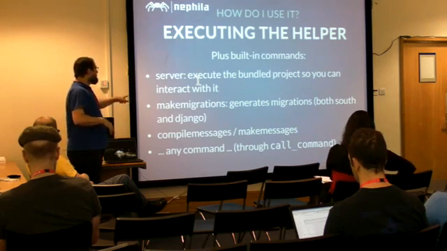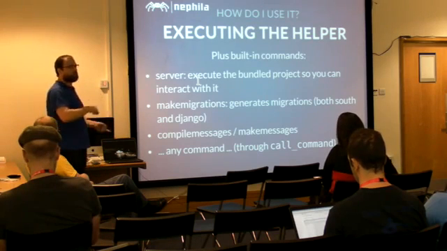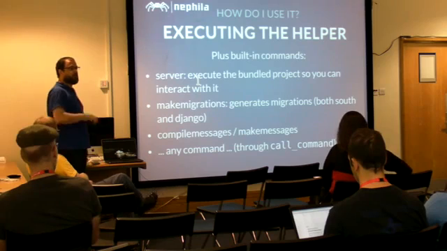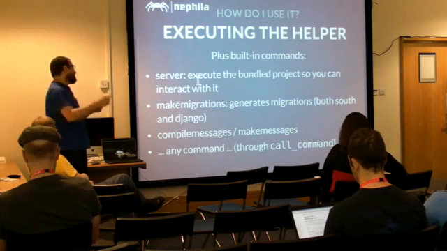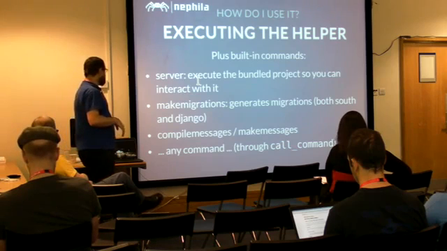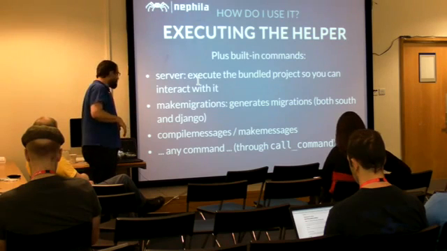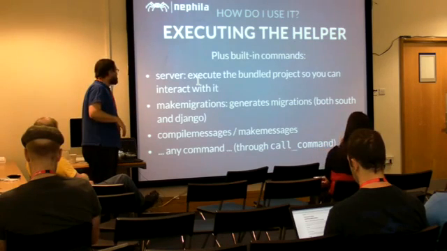And then there is the make migrations command, which recognizes the Django version and creates the South migration or the Django migration according to the environment, so you don't have to run two commands. And then there are any Django commands available.